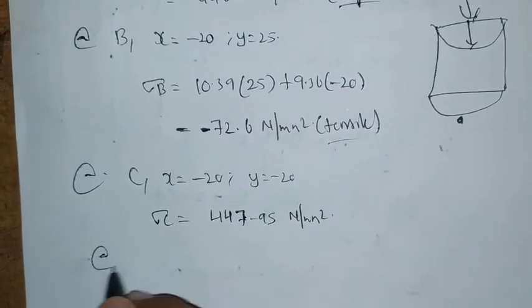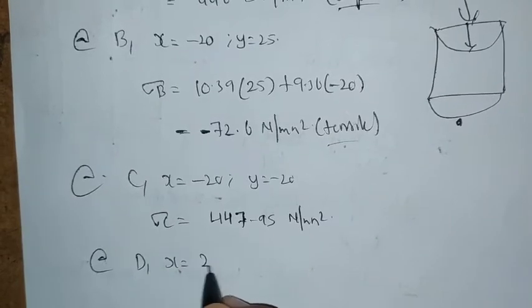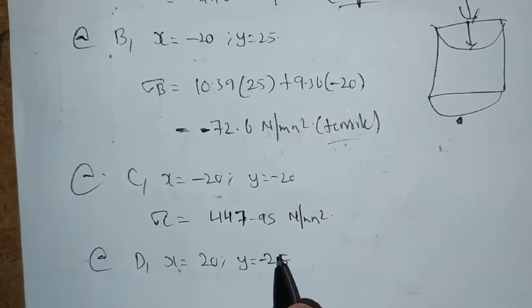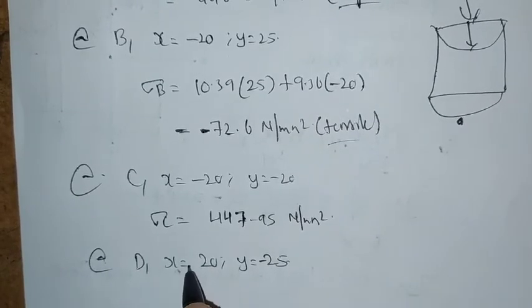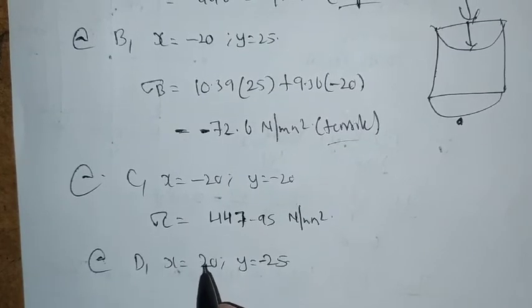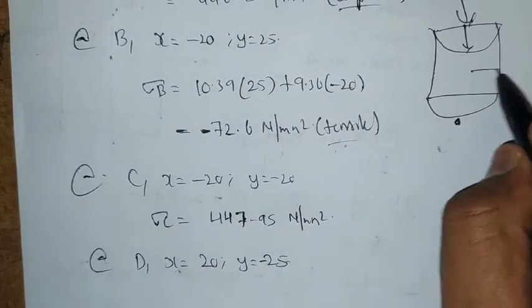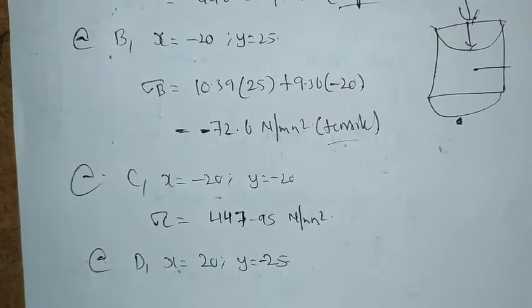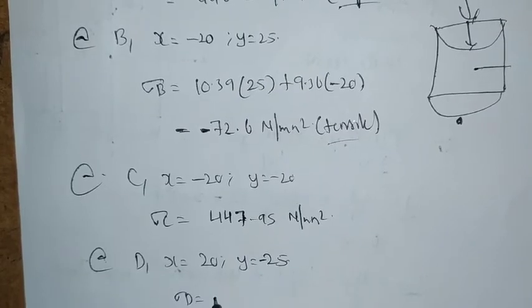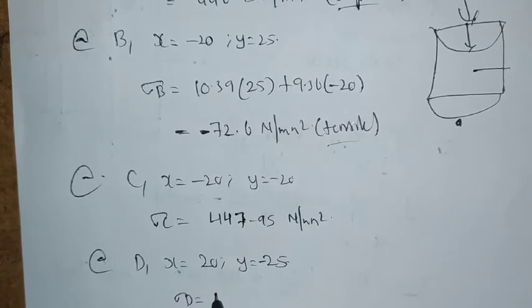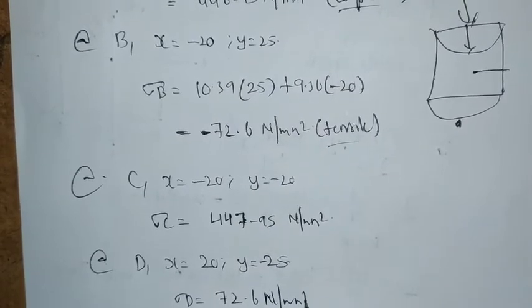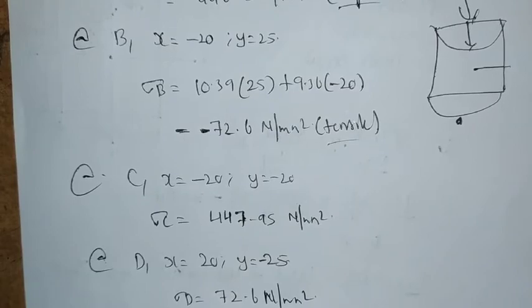Similarly, at D, x is 20 and y is minus 25. By substituting that, the value of sigma D we are going to get is 72.6 Newton per mm square.